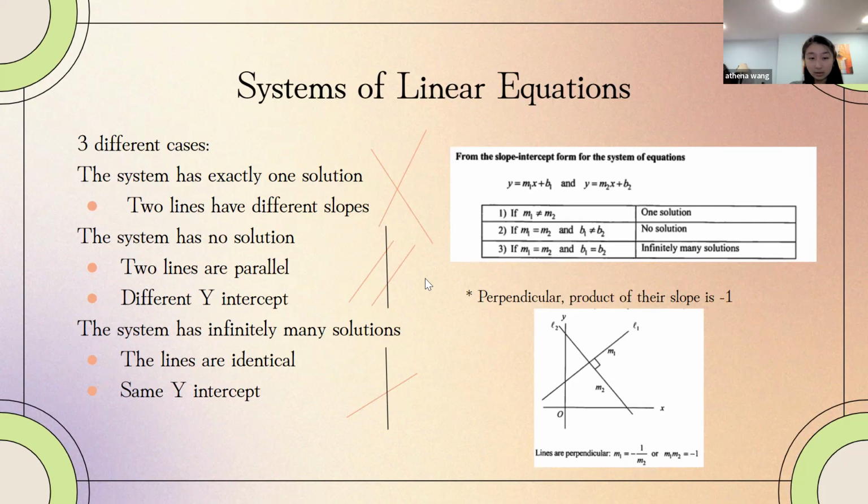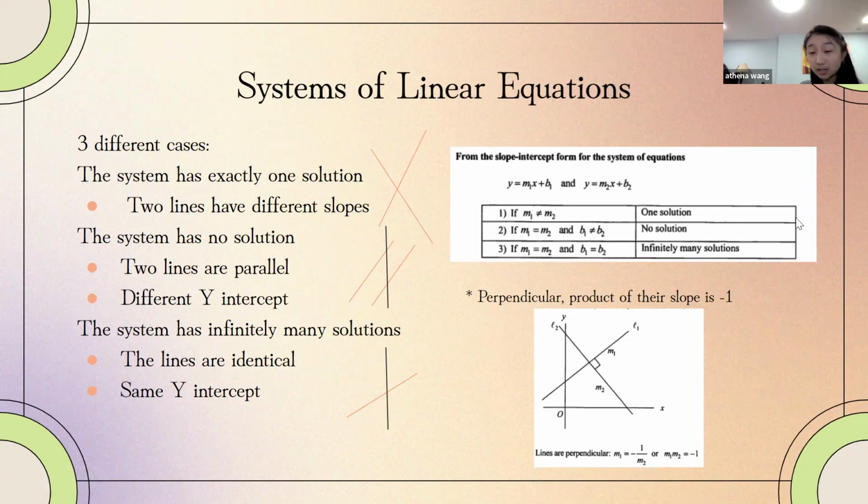They are parallel. Okay? And then if the system has infinitely many solutions, you know that the two lines basically describe the same line. So that is when you solve for it. This seems pretty intuitive, but it's very helpful.